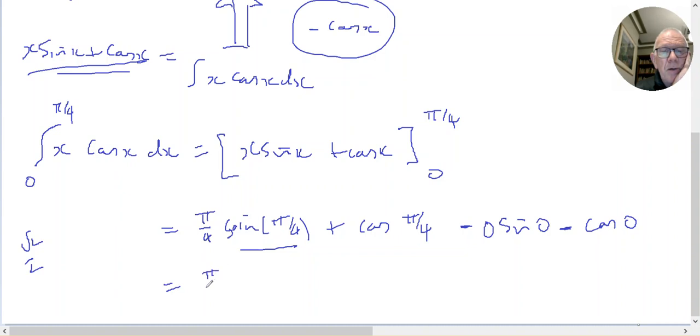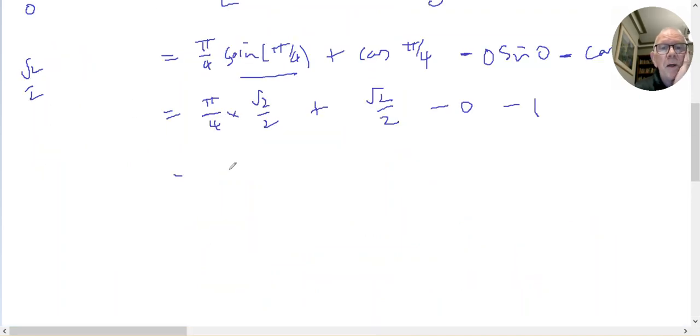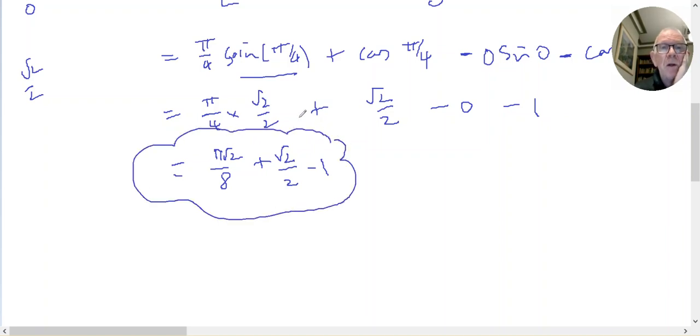So I've got pi on 4 times root 2 on 2 plus root 2 on 2 minus nothing minus 1, because the cos of 0 is 1. So it's going to equal pi root 2 on 8 plus root 2 on 2 minus 1 is going to be the solution to the integral.